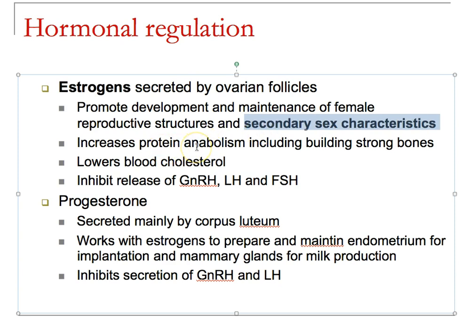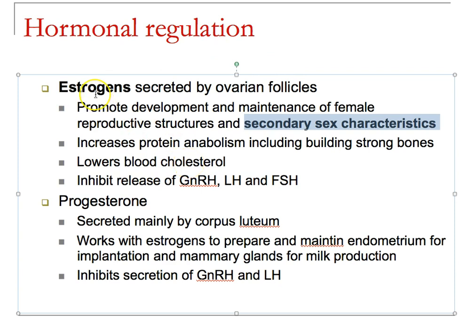It increases protein anabolism, okay, including strong bones. And what I mean by that, of course, is if you decrease estrogens, you decrease strong bones. And that's when everybody asks me what happens as you pass into menopause, what actually happens to people's bones. As you make more estrogens, you lower blood cholesterol.